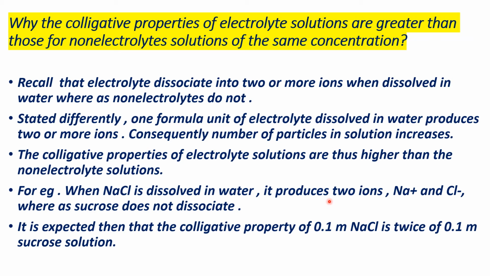It is expected then that the colligative property of 0.1 molar NaCl is twice that of 0.1 molar solution of sucrose. Sucrose stays at 1, and NaCl becomes 1 + 1, twice. That is the difference, and that's why the colligative property of electrolytes is higher than that of non-electrolyte solutions. Okay, next point.